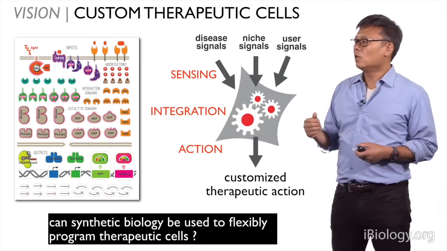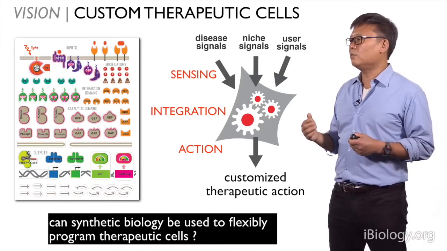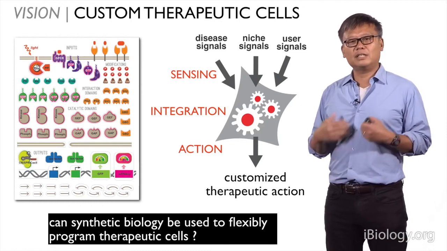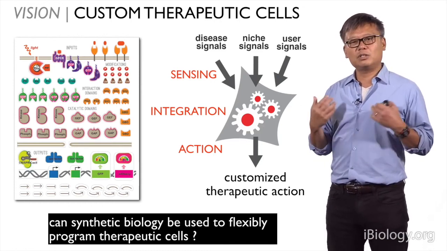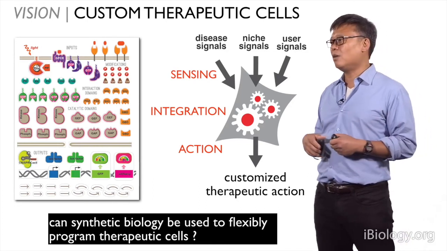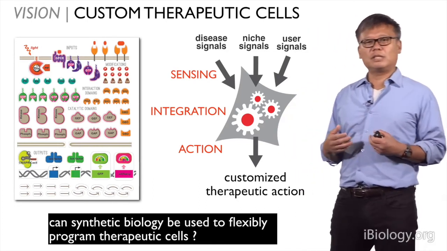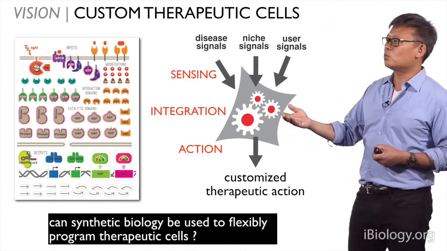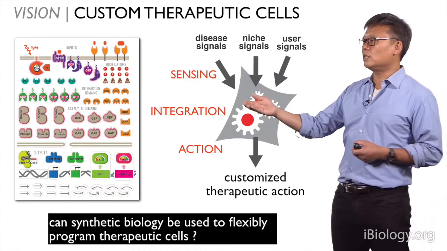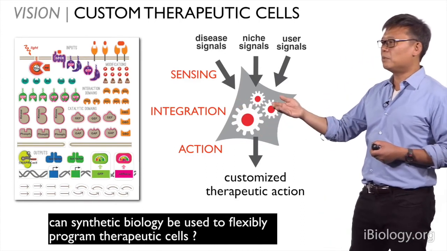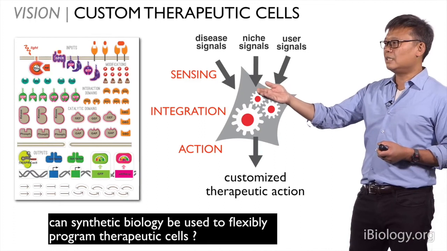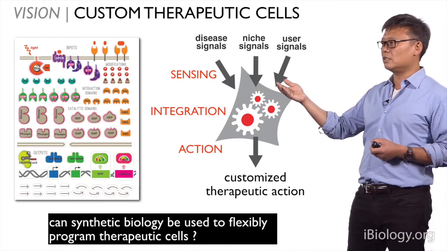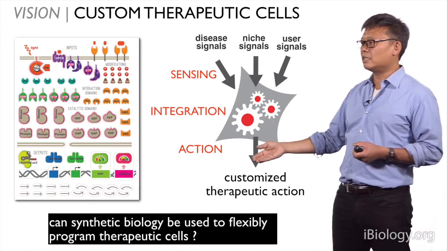Okay. So we think this is tremendously exciting. We think that in today's world, now that we have the capabilities of engineering and modifying cells, and we understand much more about the principles of how signaling networks are put together, that we're on the verge of really exciting applications where we can use this toolkit of modules to engineer different types of cells that can sense disease signals, environmental or niche signals in the body, as well as user signals, and integrate them to give you customized therapeutic action.